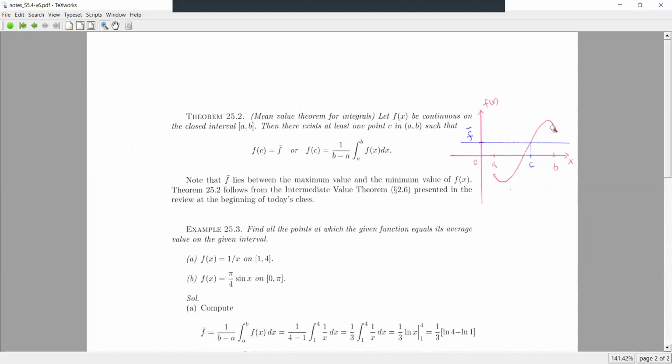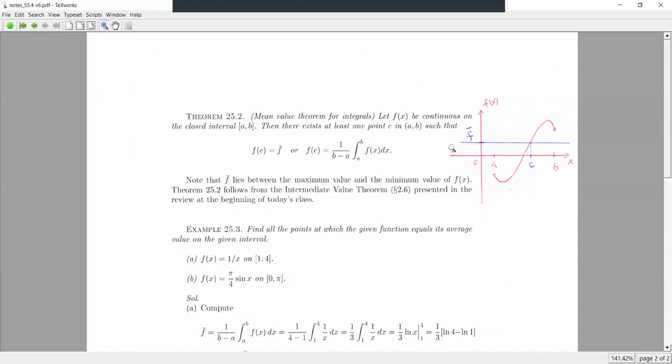Because the curve is continuous, the intermediate value theorem says that a continuous curve cannot jump over a horizontal line.